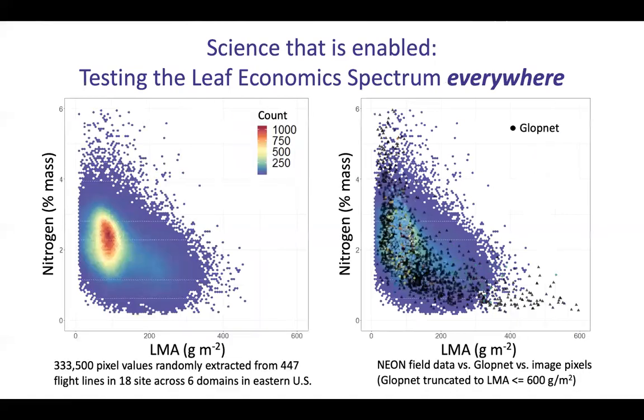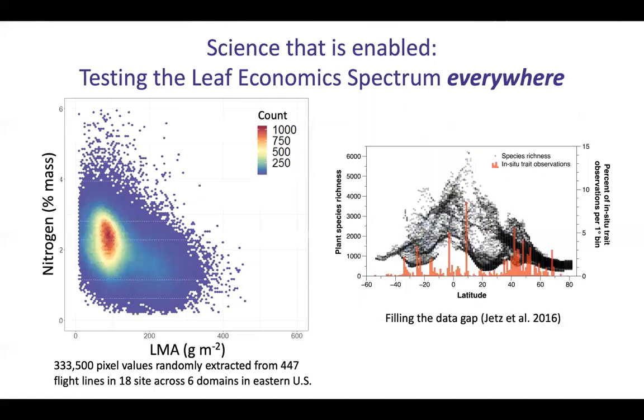And I can overlay the GlopNet data now, and you can see that we confirm that relationship, which is a good thing. We would expect to see that, but you'll notice that a lot of the data are really concentrated in a particular area, and there actually are some deviations from this that point to biases that people who go out and do field research have in terms of their selection of samples. And I'll talk about that in just a minute.